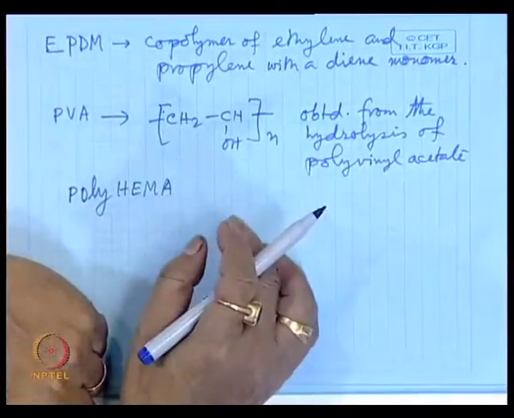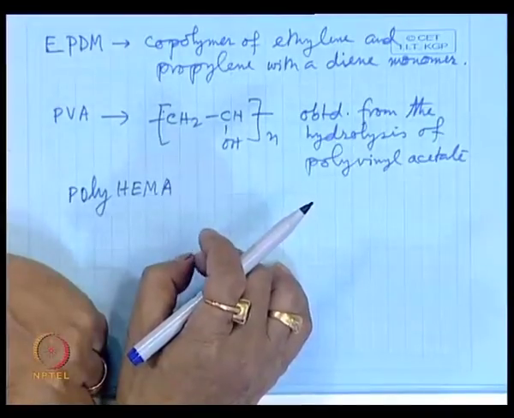You can write down the structure. In place of methyl acrylate, you have to write hydroxymethyl acrylate. Poly N isopropyl acrylamide, it is a modern polymer known as smart polymers, stimuli responsive polymer, thermoresponsive polymer, poly N isopropyl acrylamide.